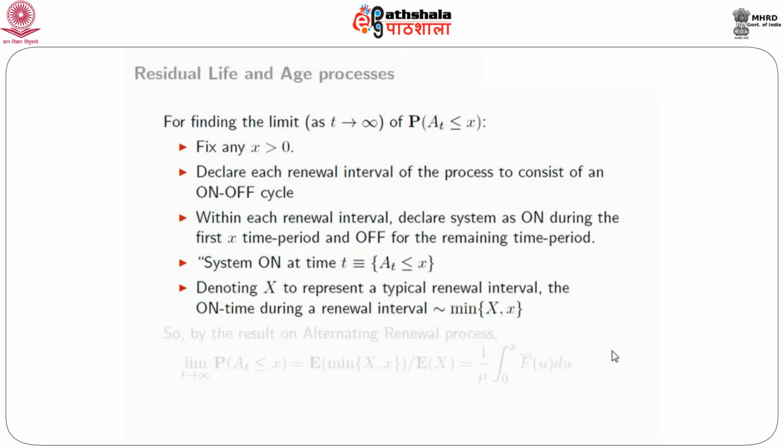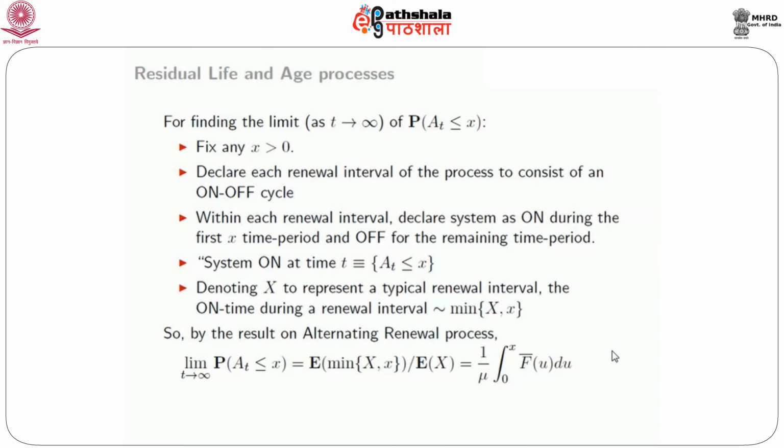Okay, denoting X to represent a typical renewal interval, the on time during a renewal interval is distributed as the minimum of X and x. So by the result on alternative renewal processes, we quickly obtain that the limit of the probability that A_t is less than or equal to x is the same as the limit of the probability that the system is on at time t as t goes to infinity.